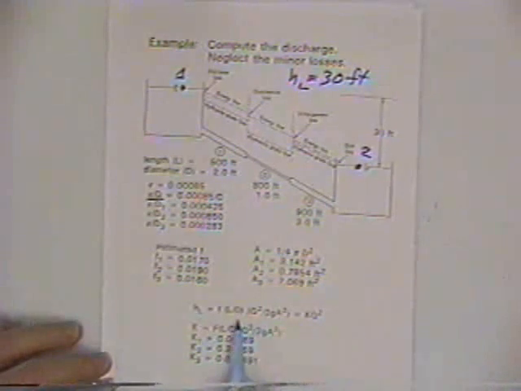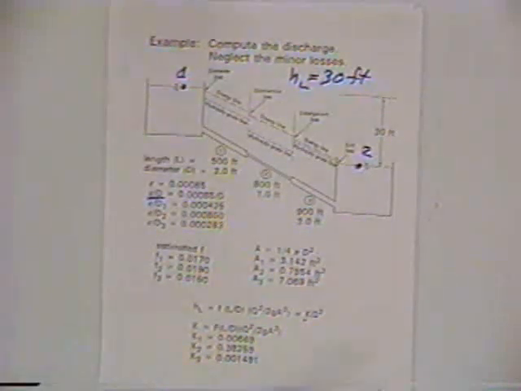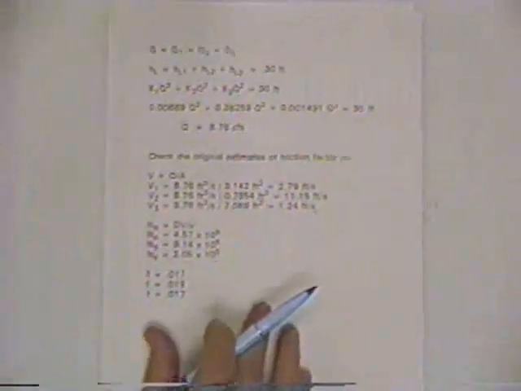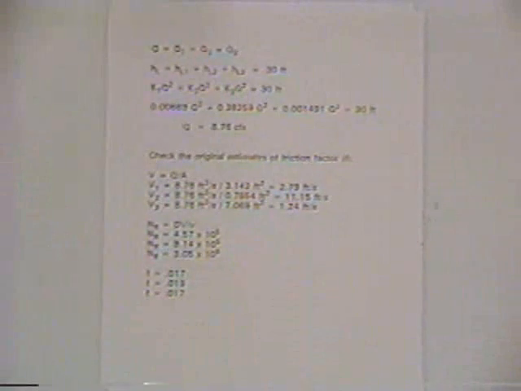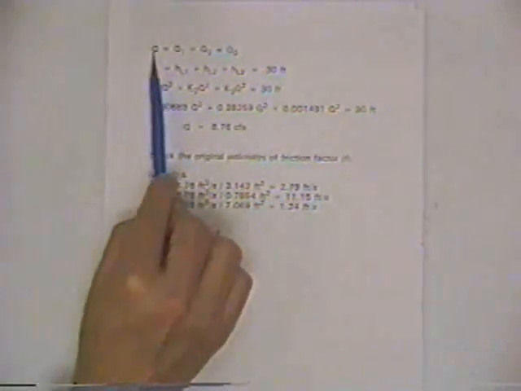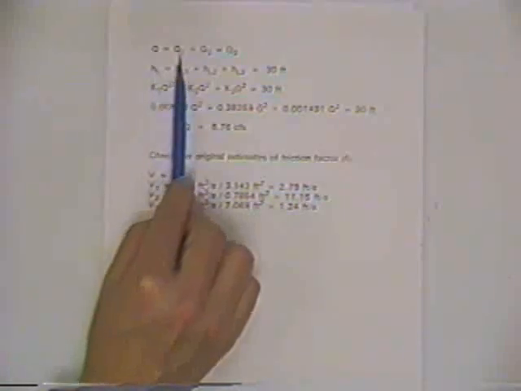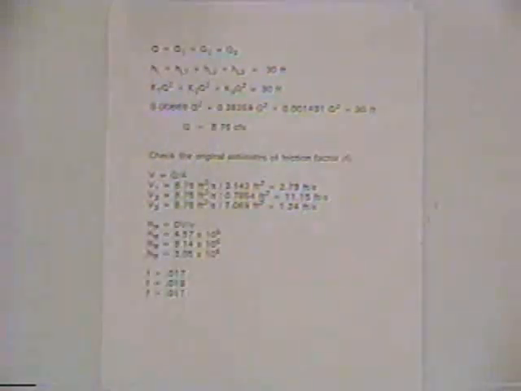To simplify things, we've reduced it down to K times Q squared, as we just talked about. Given the diameters and lengths and friction factors for the pipes, we can compute the 3 Ks. And given those numbers for the Ks, we can plug into these basic relationships. We recognize that the total Q that we're trying to compute is equal to the Q in each of the three pipes.